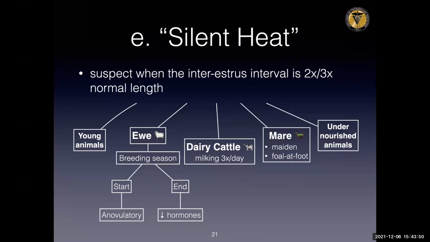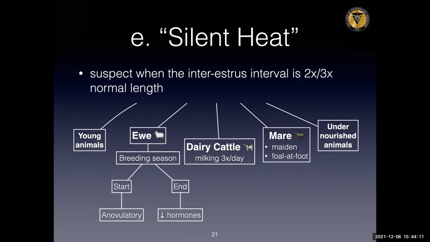And for the dairy cattle, if you are milking them 3 times a day as opposed to the normal twice a day, it could be that their body condition score is suffering again. So when they are not entirely healthy, they are not going into heat. So that's one of your factors.